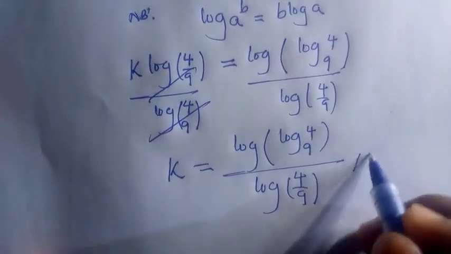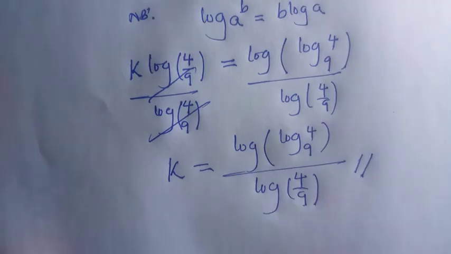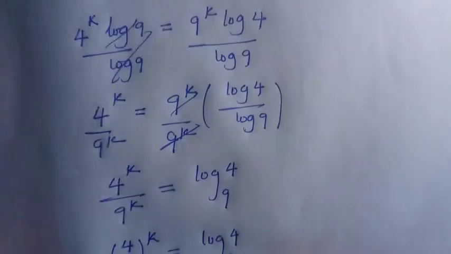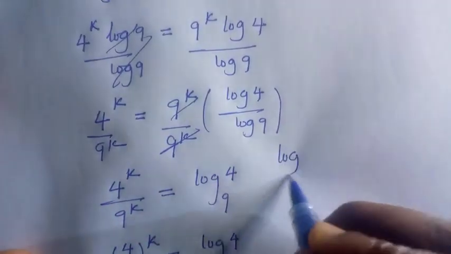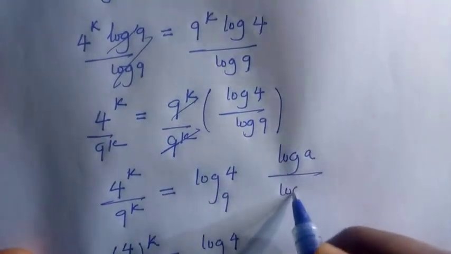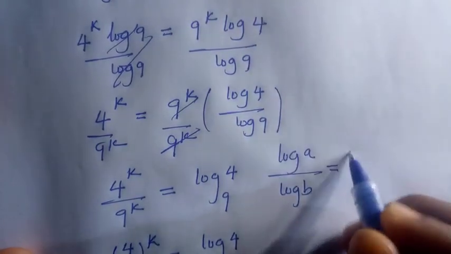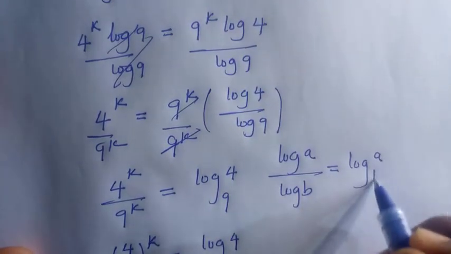So we can leave the answer like this, or we rewrite it using the rule we apply here, as in anytime we have log a divided by log b, we write it as log a base b.